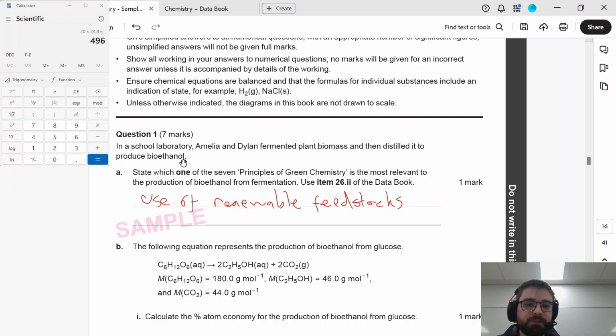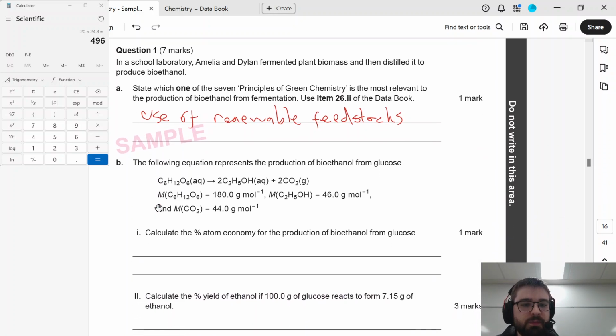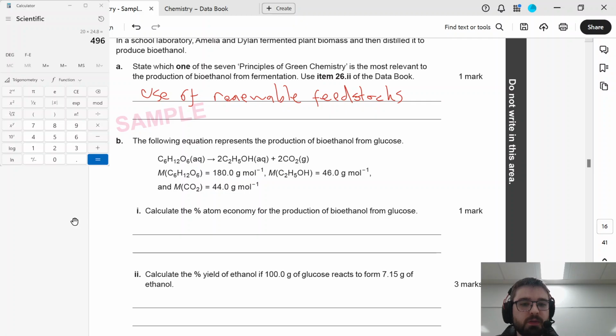Okay. Here's an equation. Calculate the percent atom economy for the production of bioethanol from glucose. Man, they're so nice giving you all these molar masses. I guess that's nice in the sense that it just reduces the time. So remember, atom economy is going to be the molar mass of the product you want divided by the molar mass of all of the reactants.